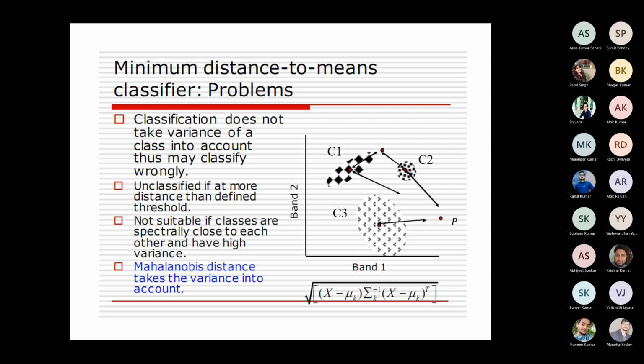Okay. So in the general case, we consider a pure two-dimensional Euclidean space, considering only the mean value of the training classes. While in Mahalanobis distance, along with the mean, we also consider the variance.